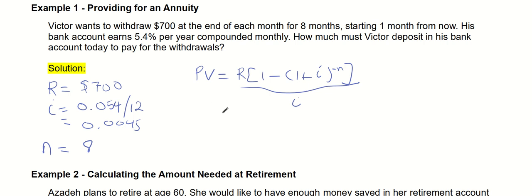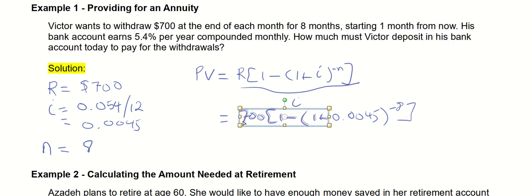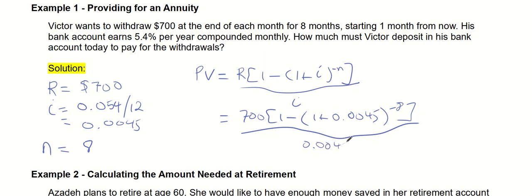Now let's drop our numbers in. We have 700 times the bracket of 1 minus (1 plus 0.0045) to the power of minus 8, over 0.0045.